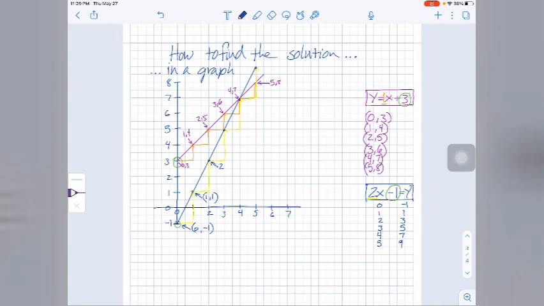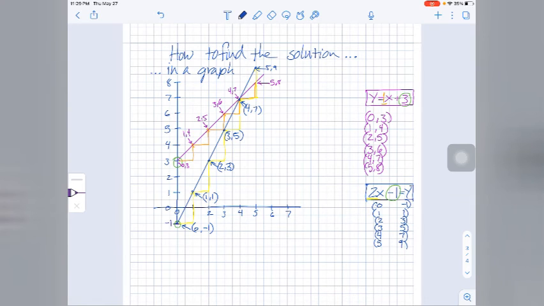This point is when x is 2, y is 3. Then when x is 3, y is 5, when x is 4, y is 7, and when x is 5, y is 9. So again, all of the points on our graph are solutions to our equation. The graph line is a literal list of all of the possible solutions to my equation.